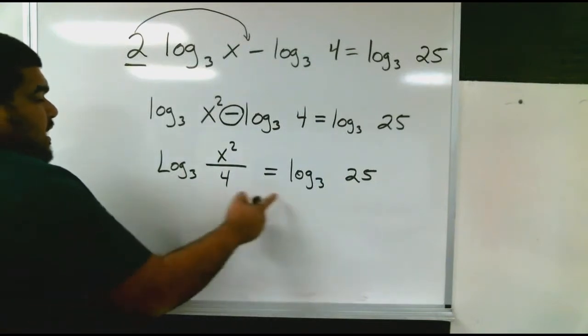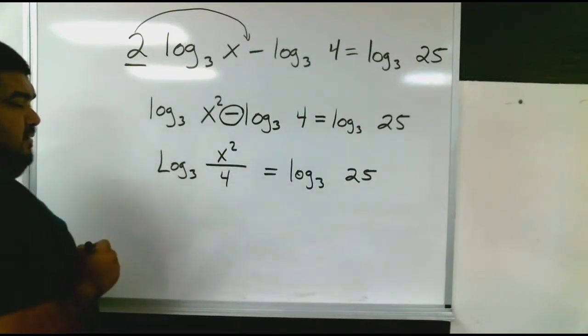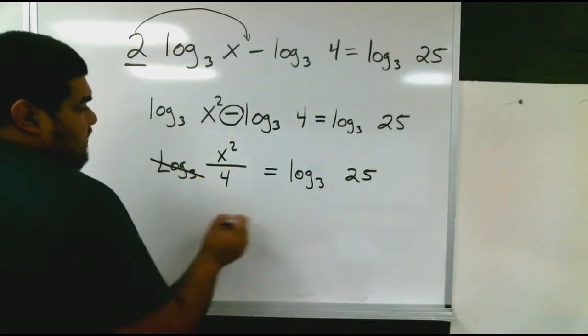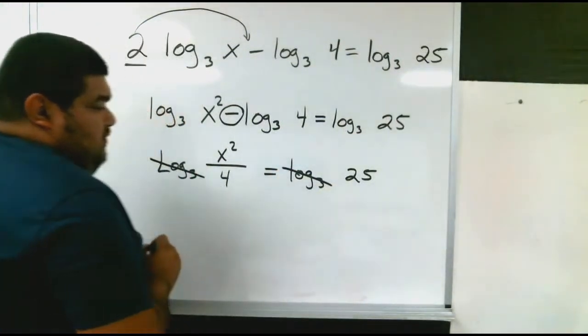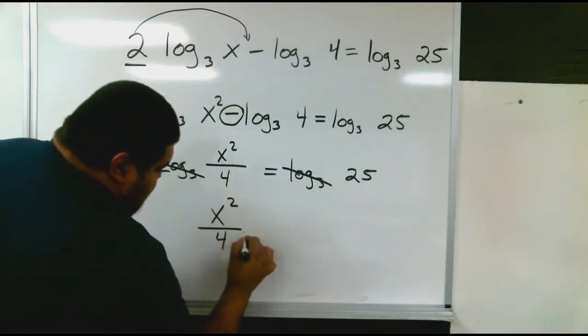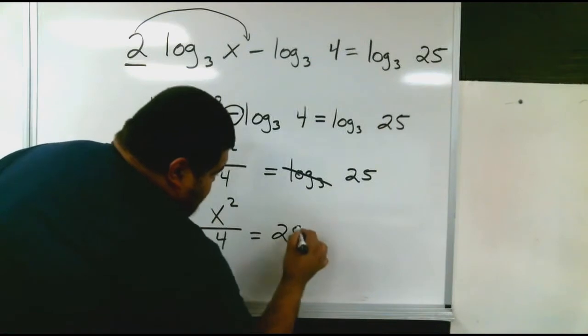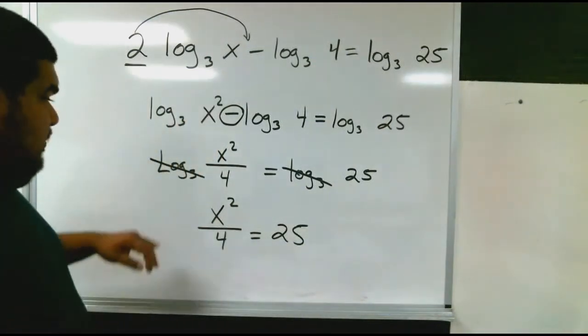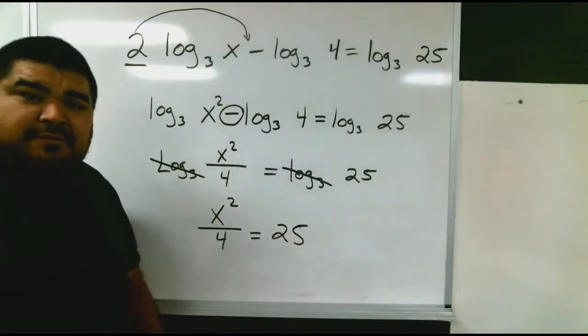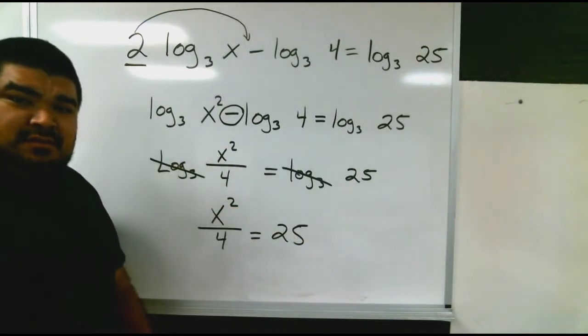Now that we have logs on both sides, we're going to cancel them out. Cancel this out, the same thing on the other side. So we're left with x squared divided by 4 equals 25. The reason is because I canceled one log, whatever you do to one side, you have to do to the other. They got canceled out.